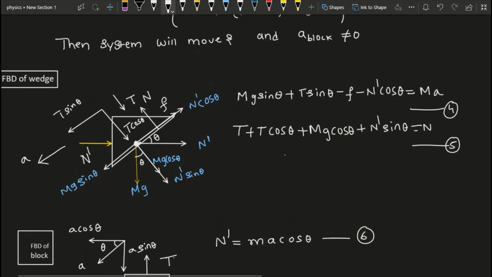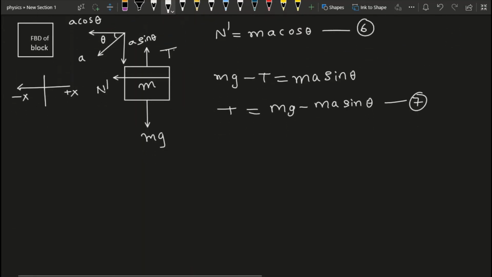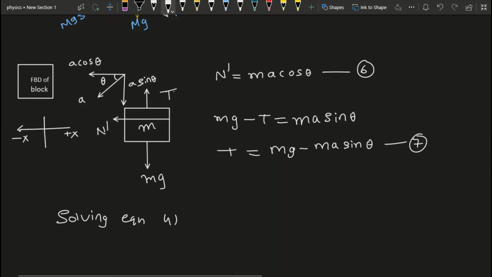So here in the place of n dash, directly you can write this ma cos theta. Okay, no issue. So now I am replacing that for solving equation 4 and 5 and 6 and 7 for acceleration.